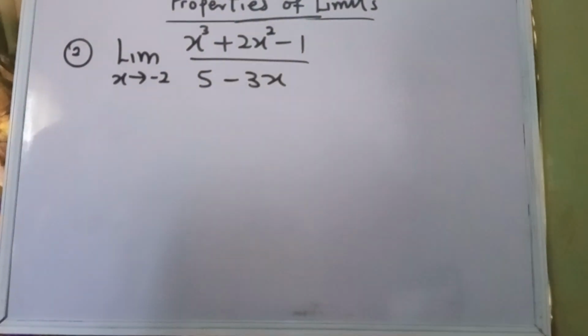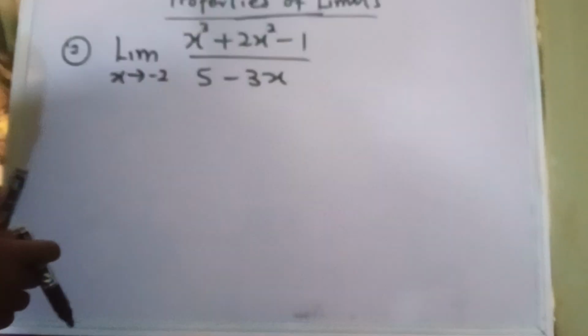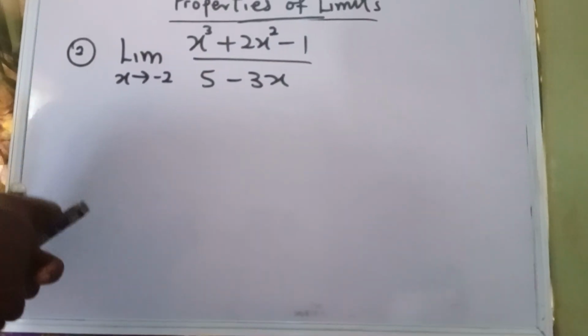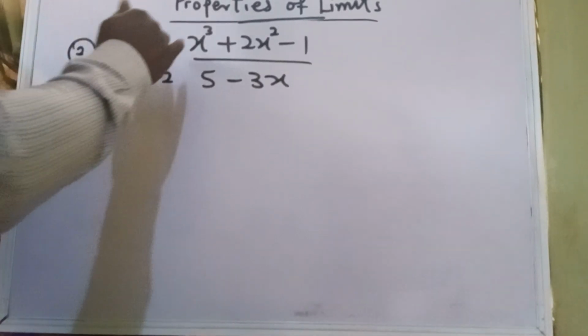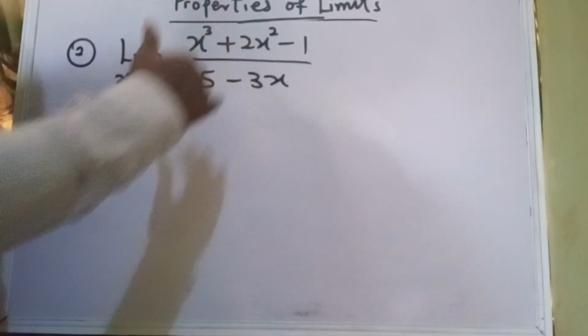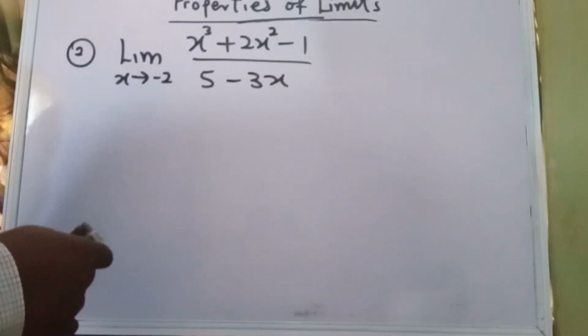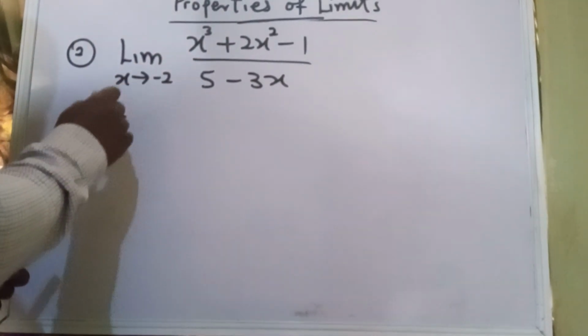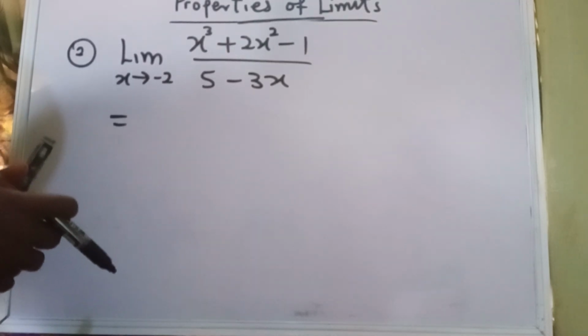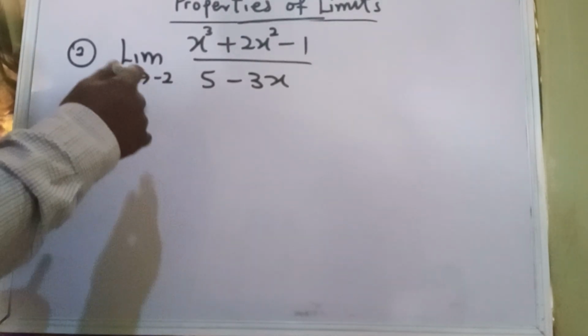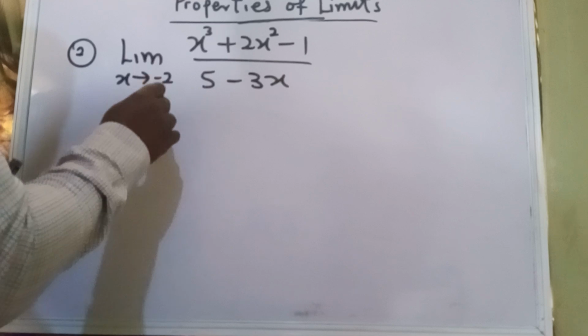So again, in the second example, this is the case where we apply the quotient law. It's quotient because this involves a rational function. So by the property of the quotient law, which is stated in property 5, this is this limit.